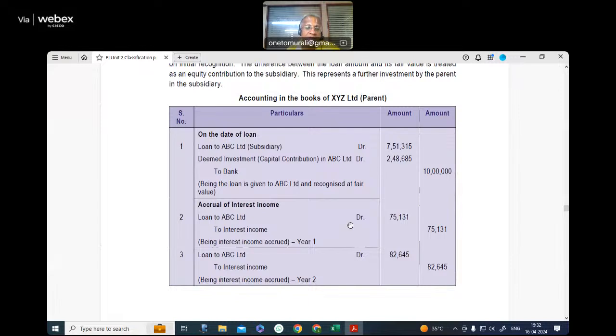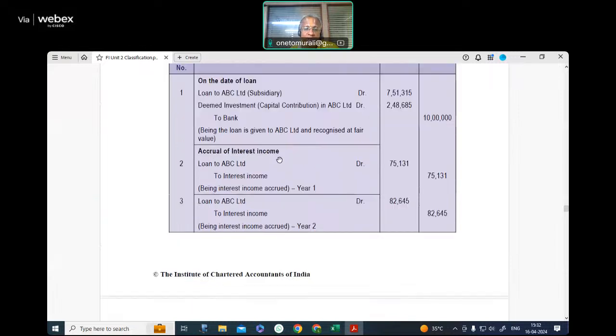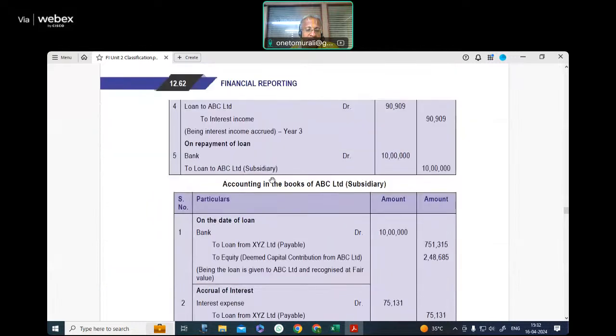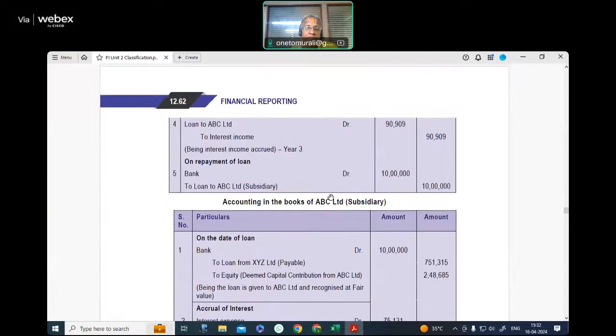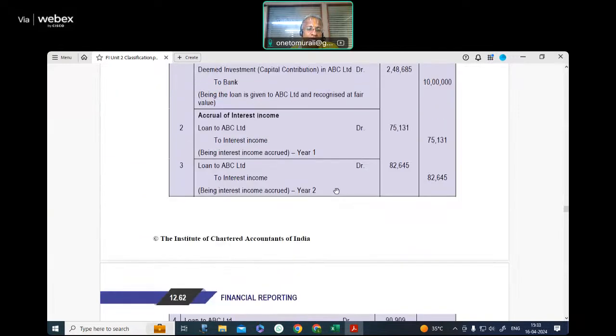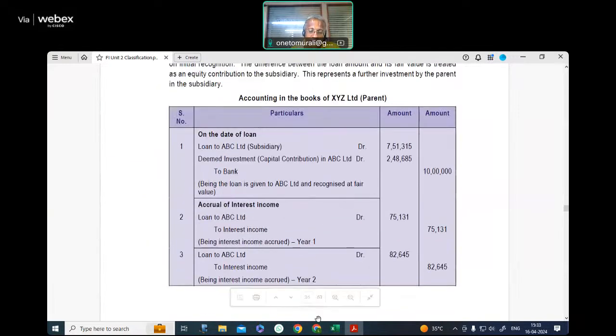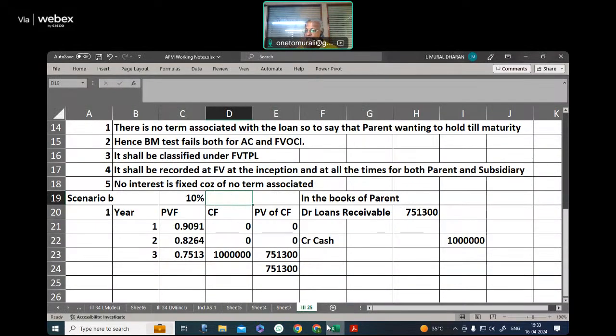When it is a capital contribution, then in the books of the subsidiary company the same subject matter has to be considered as deemed equity. That is the way we are expected to take it. Only if you will not be getting any amount of money is it a loss. So it is deemed investments.